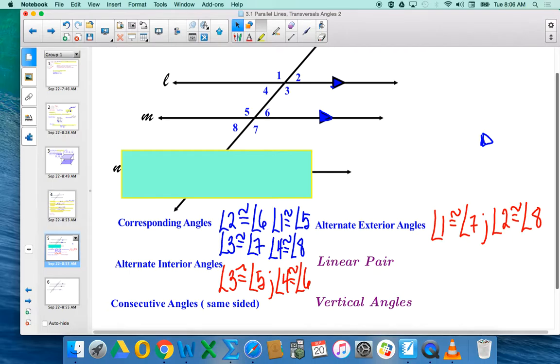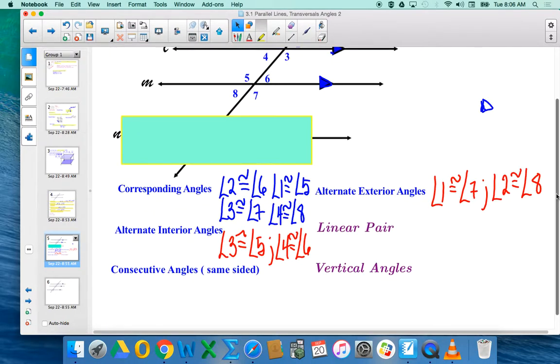Corresponding angles are congruent if the lines are parallel. Alternate interior angles are congruent if the lines are parallel. Alternate exterior angles are congruent if the lines are parallel. So now let's talk about same-sided interior angles. Same-sided interior angles are supplementary. So angle 3 plus angle 6 equal 180 degrees.